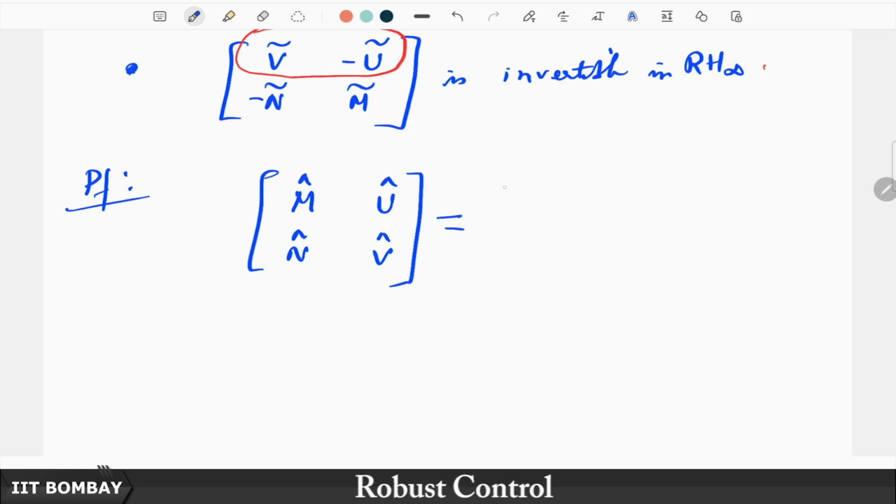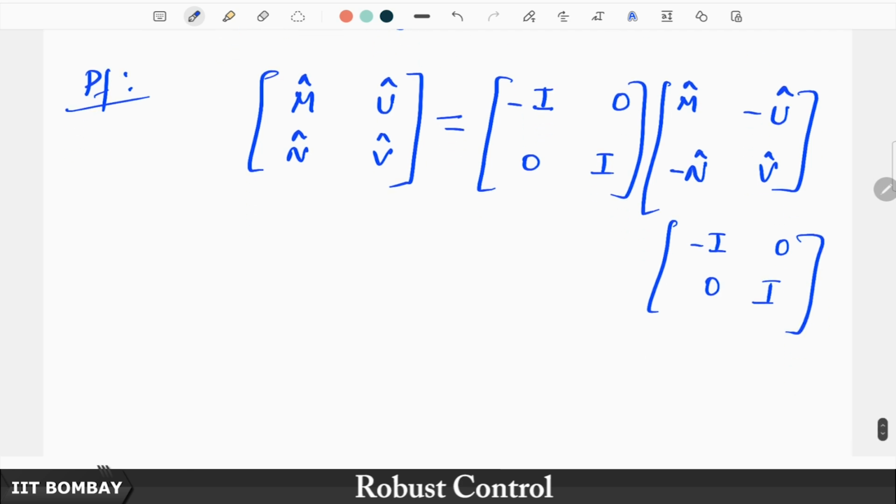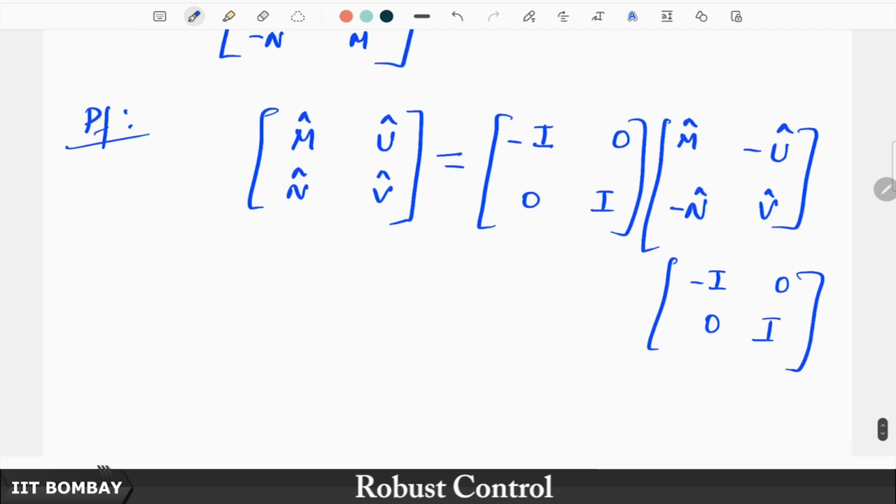This is equal to minus I, 0, 0, I, times M hat, minus U hat, minus N hat, V hat, times minus I, 0, 0, I. You see, this relation is true, you can readily check. Okay. But why are we doing all of this? Why are we interested in this relation?